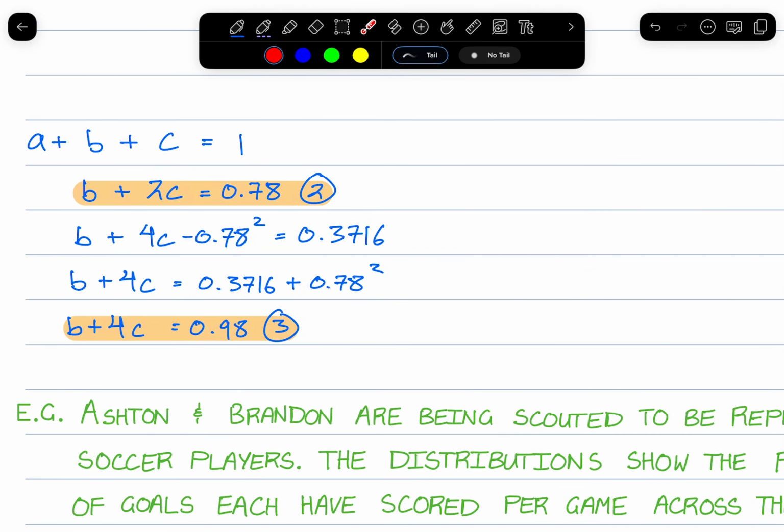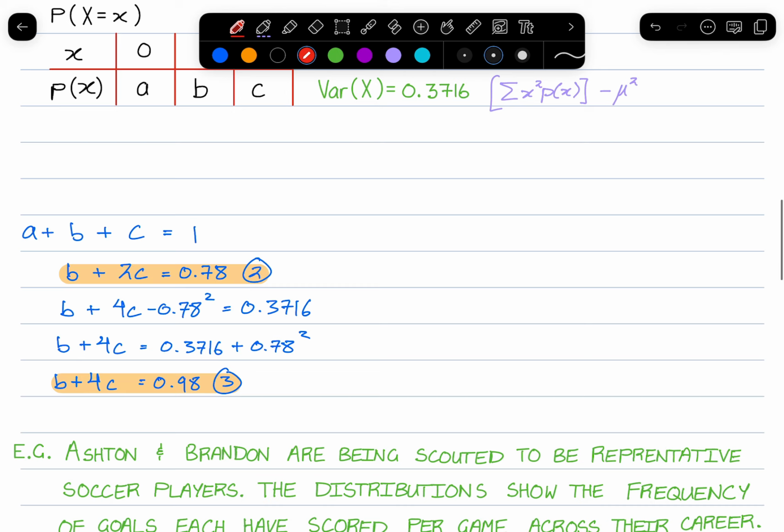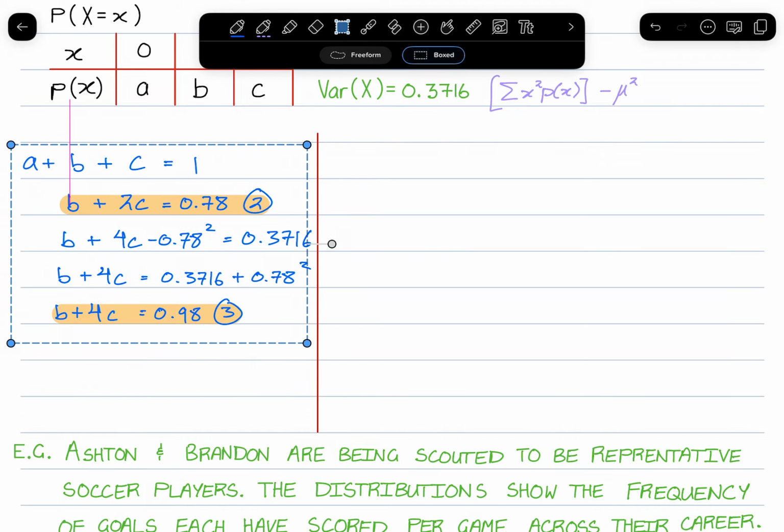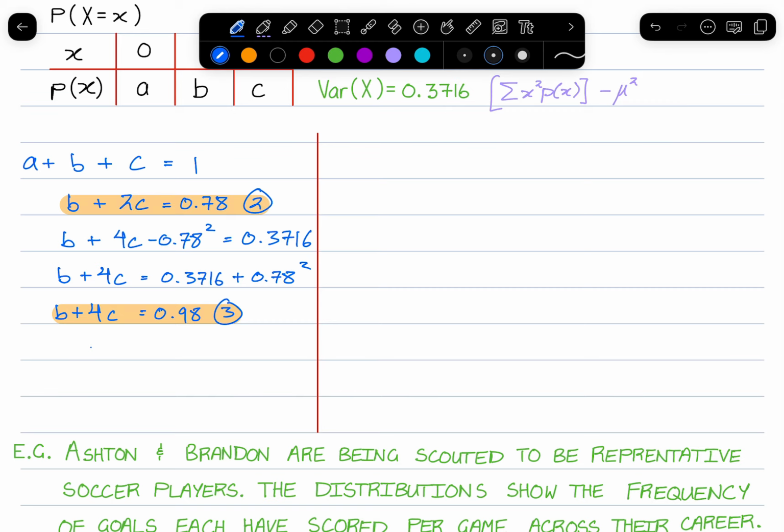So in this case, I'm going to do equation 3 minus equation 2. So I'll write that down. Equation, sorry, I should have started this all the way up here. Equation 3 minus 2.